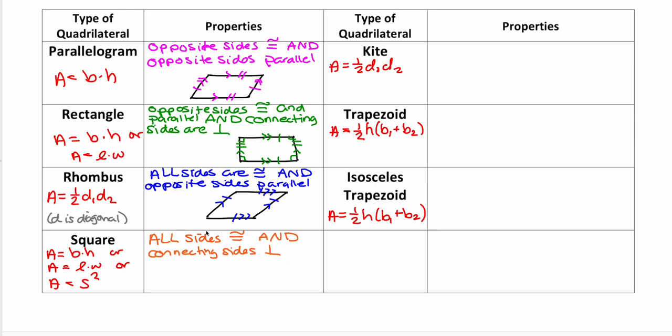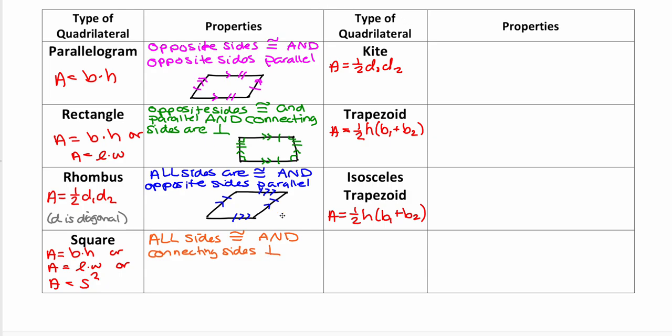So we only have to have all sides congruent and the perpendicular part to show that it's a square, because if they are already congruent and then perpendicular, then the top and bottom automatically have to be parallel in order for them to have the same length and then connect at right angles. So we don't actually have to prove that the top and bottom are parallel, because they would automatically be if all sides are congruent and the connecting sides are perpendicular.